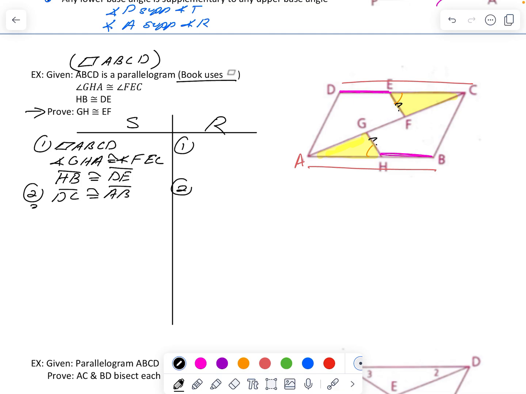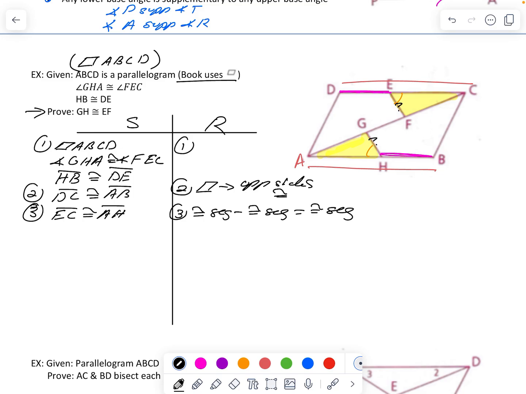And that is because if you have a parallelogram, opposite sides are congruent. So we can say that. And now that we have the opposite sides congruent, we can say EC congruent to AH, and that's because if the whole side, congruent segments, minus congruent segments, the pieces that were given, equal the piece left over, congruent segments. So it's like AB minus HB equals AH.